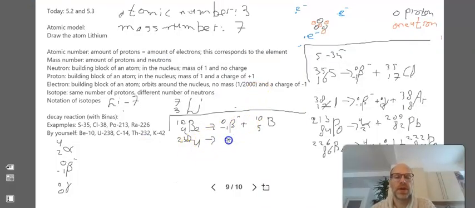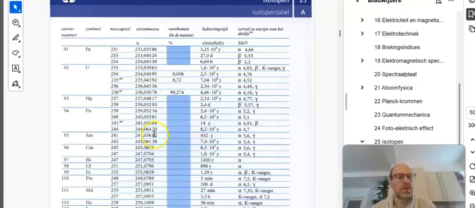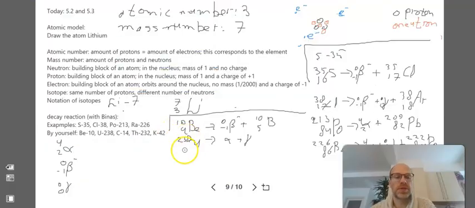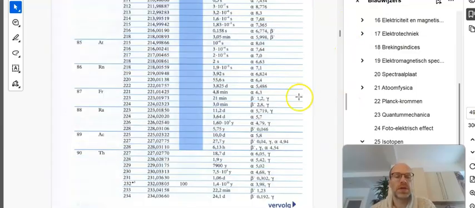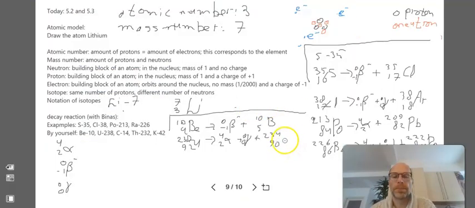So we have alpha and gamma, and uranium is 92. Alpha is 4,2, gamma is 0,0, and then this will be 234 and 90. 90, what is 90? That is TH, thorium.